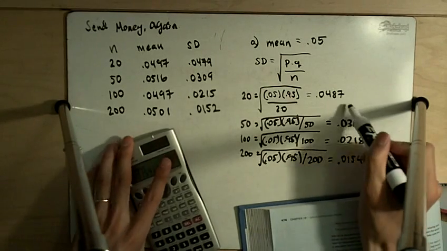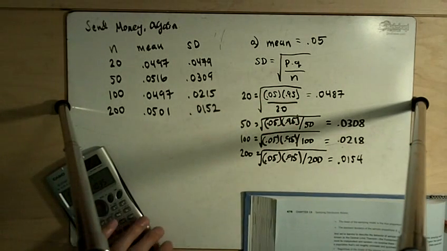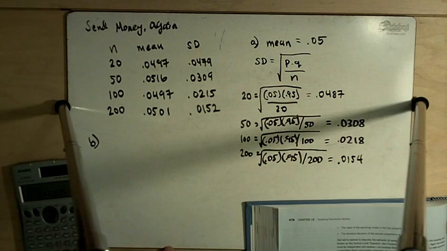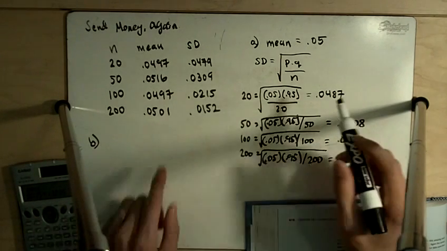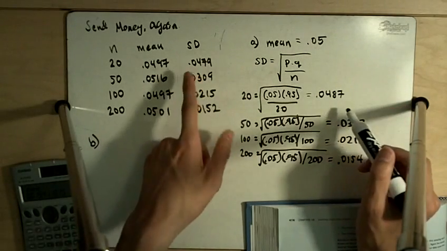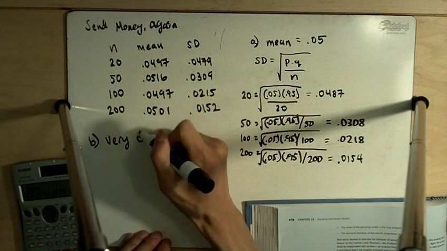Okay, and we can see that these numbers are pretty close to what we observe. How close are these theoretical values to what we observed in the simulations? So everything is pretty close to 0.05, and the standard deviations are very close. So the answer there is very close.